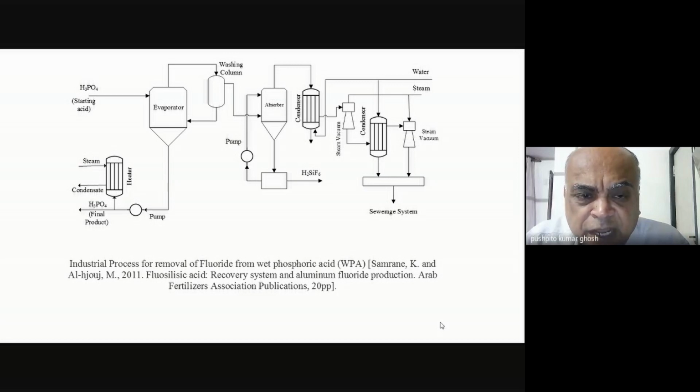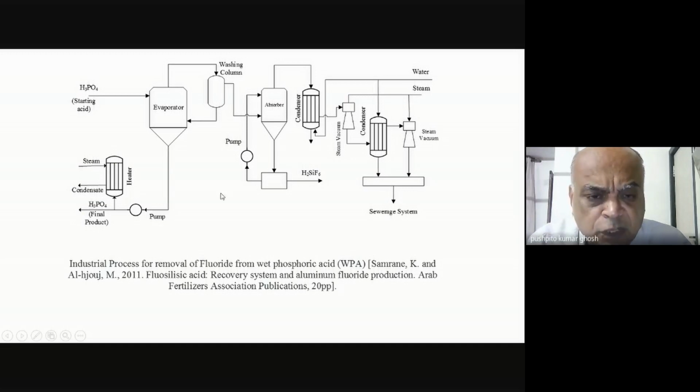Then what that silica does is that at high temperatures, it reacts with the fluoride and forms H2SiF6, hexafluorosilicic acid. You do it at a fairly high temperature so that the H2SiF6 can boil over, and you separately collect it. I'm not going through the entire details. Then from here you can get a phosphoric acid which is free of any fluorine.